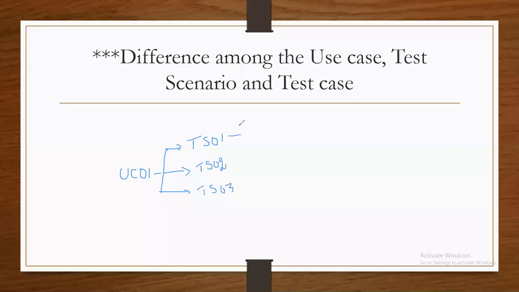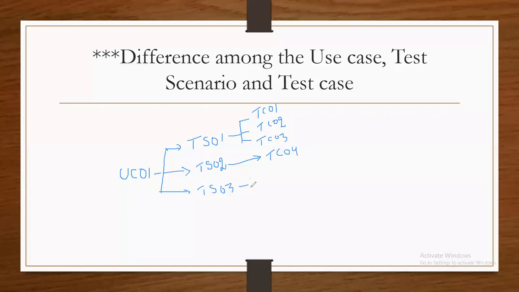Again, from these test scenarios, we can identify the number of test cases. TC01. A scenario can have one or more test cases. This test scenario 2 will have only one test case.